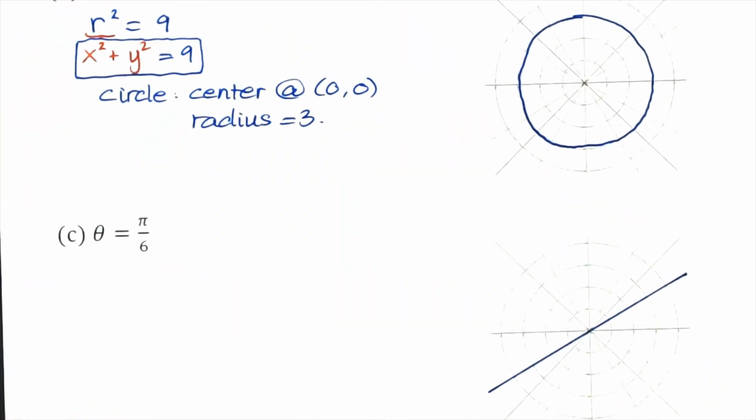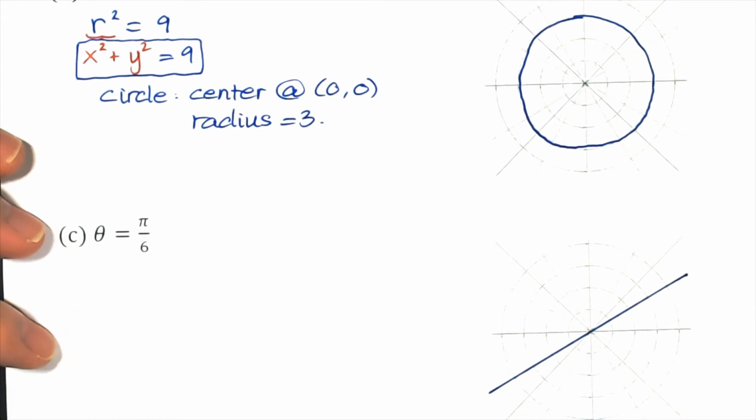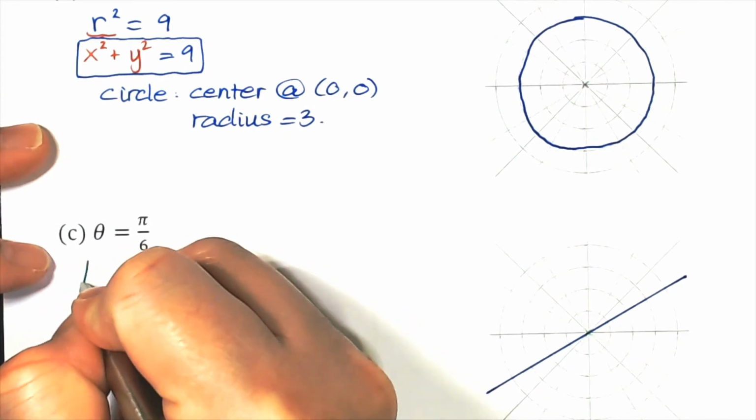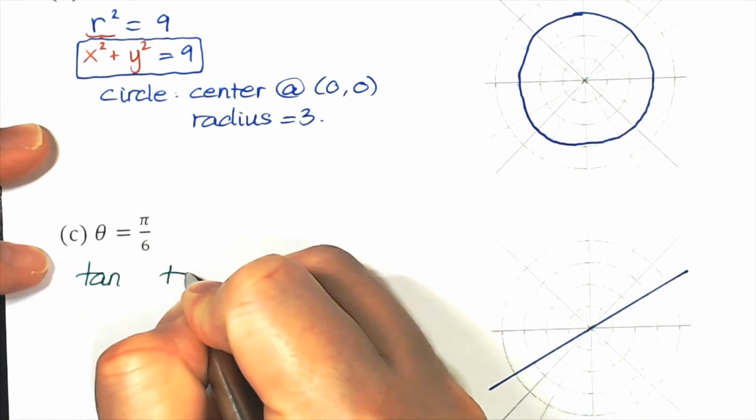But if we want to change that to the rectangular form, what I do is that we're going to take tangent on both sides.